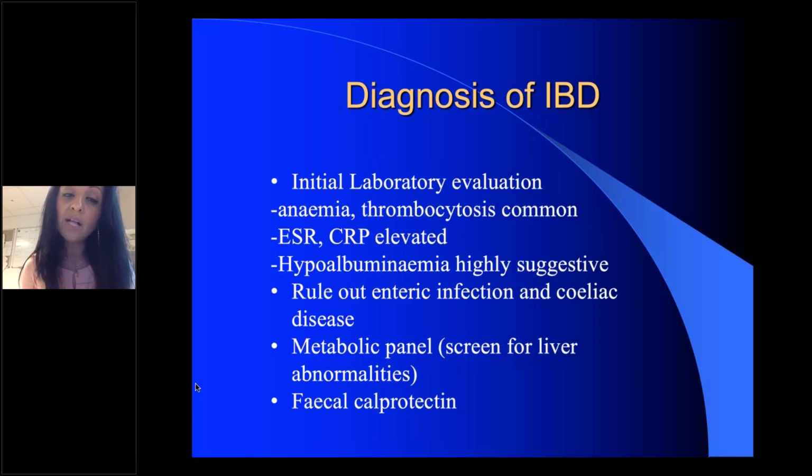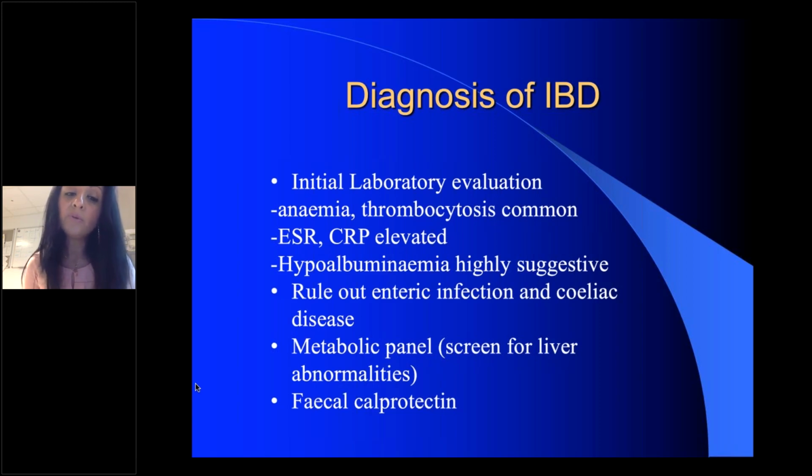If you have a low albumin, this is highly suggestive of IBD and more favorable of Crohn's disease. But also we want to rule out enteric infections that may be causing the diarrhea, and also celiac disease. And often with patients with IBD, we will still check their celiac serology because this can coexist with IBD.